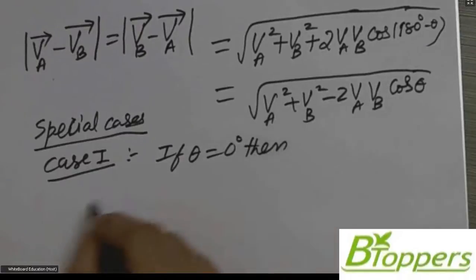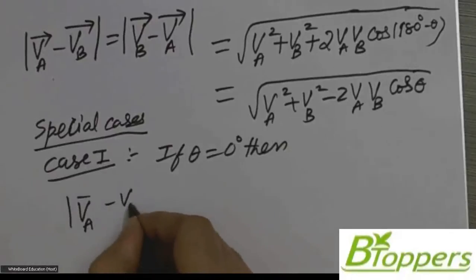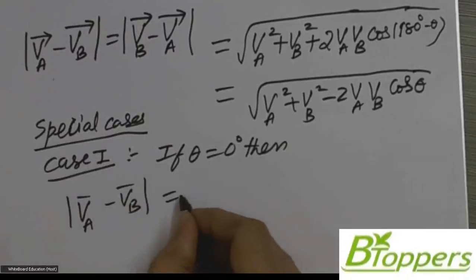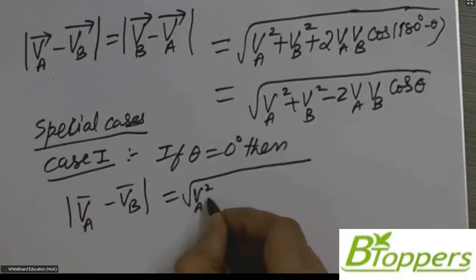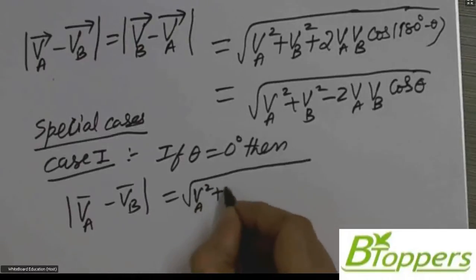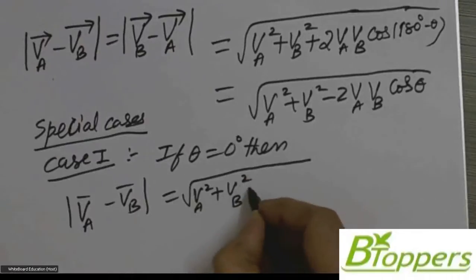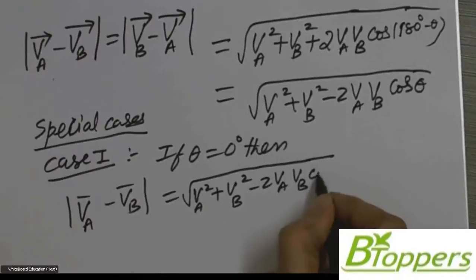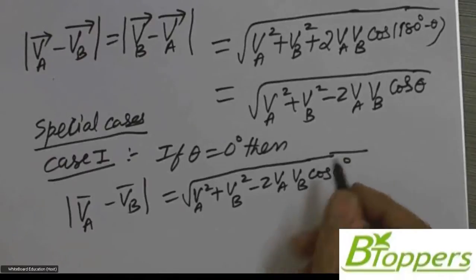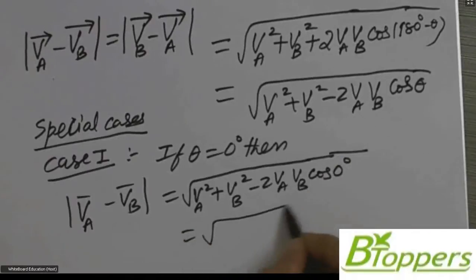So if you substitute theta equal to 0 degrees, you get mod of VA bar minus VB bar equal to under root of VA square plus VB square minus 2VA VB cos 0 degrees. So cos 0 degrees equal to 1.